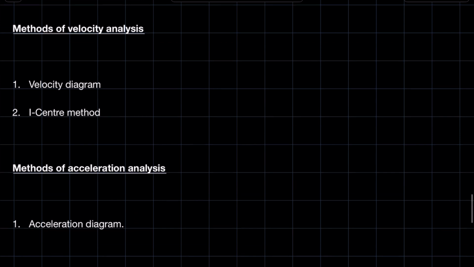Now, in both these sections, the methods of velocity analysis as well as the methods of acceleration analysis, we are also going to make use of what we call the space diagram.